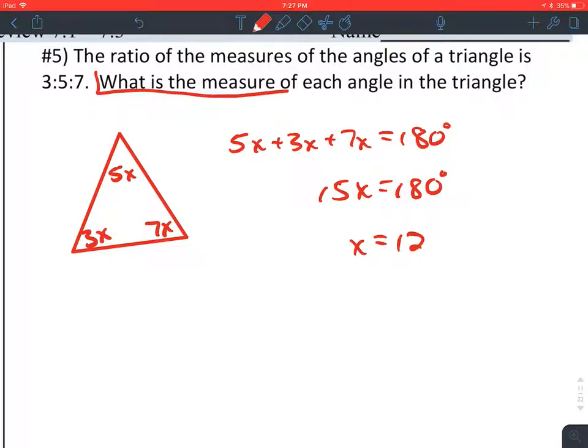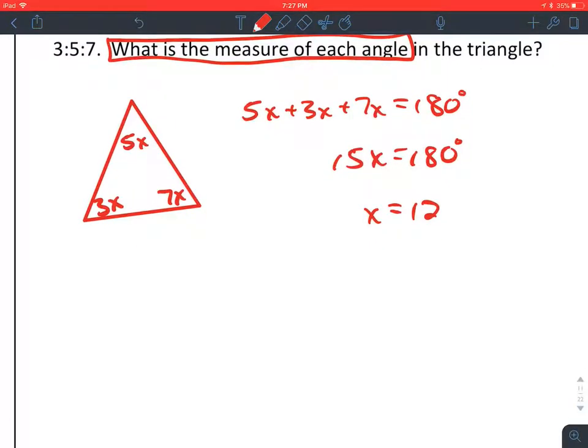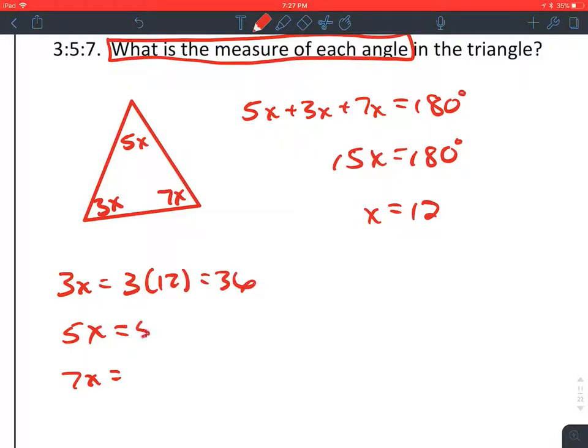That does not answer the question. What is the measure of each angle is the question. One of the angles is 3x. One of the angles is 5x, one of them is 7x. Since we now know x is 12, we're going to have 3 times 12, which is 36. We're going to have 5 times 12, which is 60. We're going to have 7 times 12, which is 84.